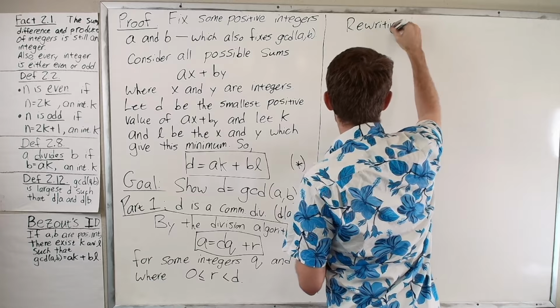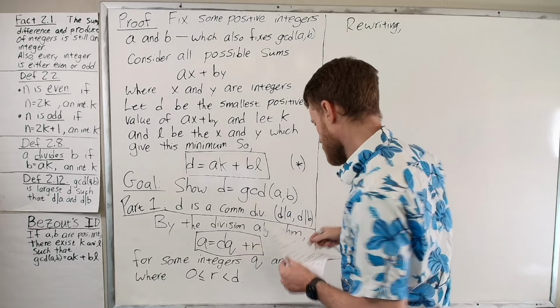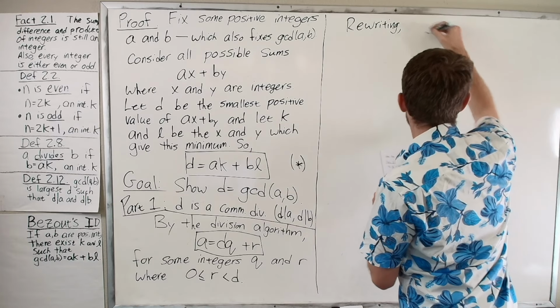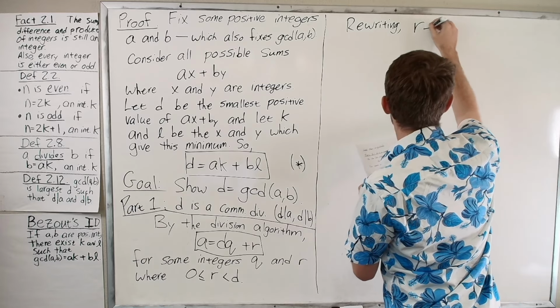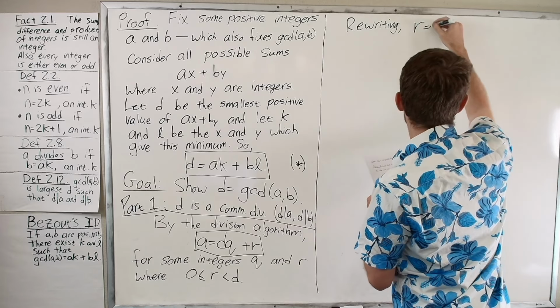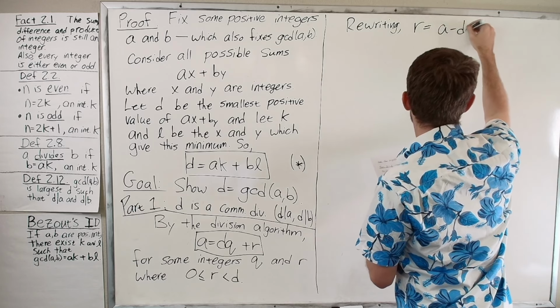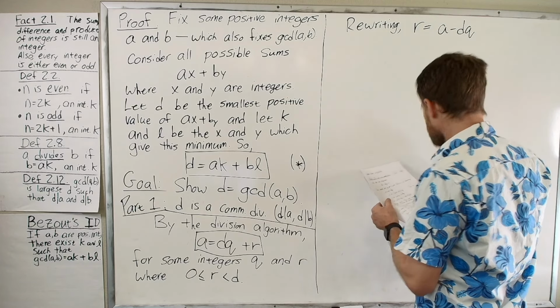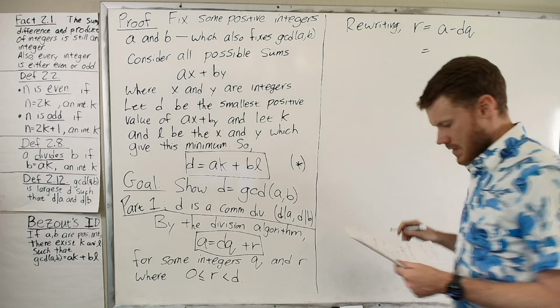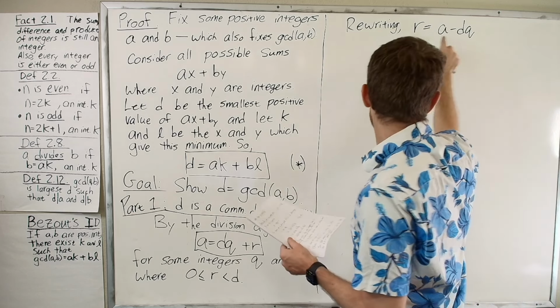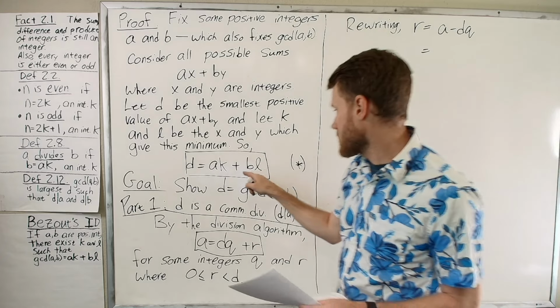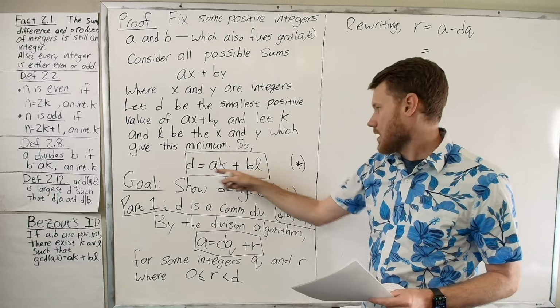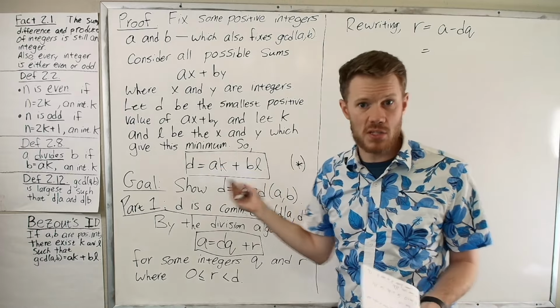So let's rewrite what we have. Rewriting A equals DQ plus R. Let's put R on one side of the equation and A minus DQ on the other. And now let's get rid of the D. How are we going to get rid of the D? Well, we have this starred equation. D is expressed using A's and B's.